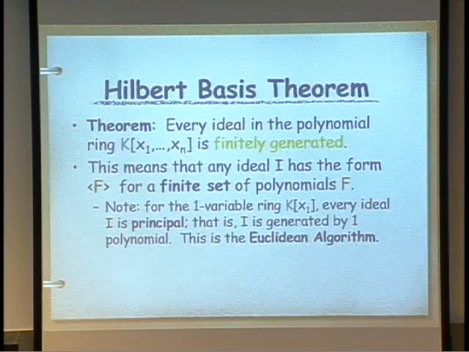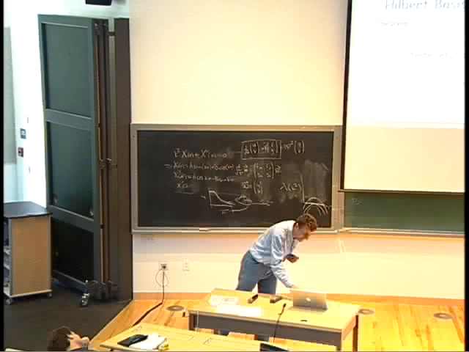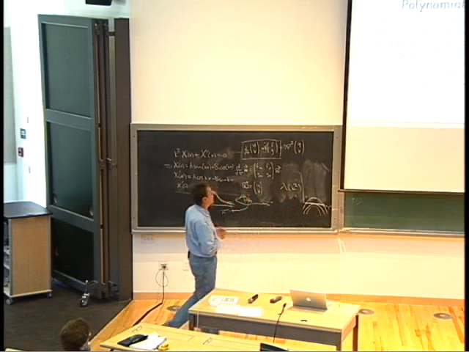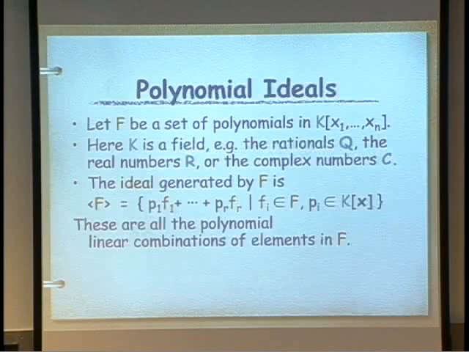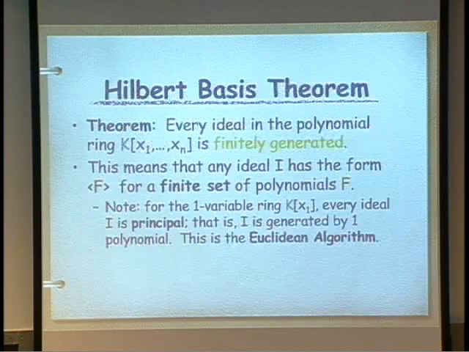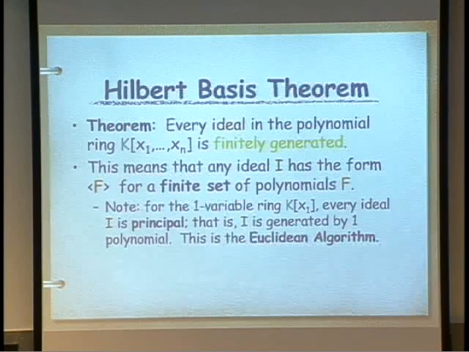That's abstractly an ideal. And this theorem says that if you're an ideal, then there exists a finite list of polynomials F1 up to Fr that generates it, in the sense that every polynomial in the ideal is a linear combination of those finitely many ones. This was proved by Hilbert in a paper in 1890.